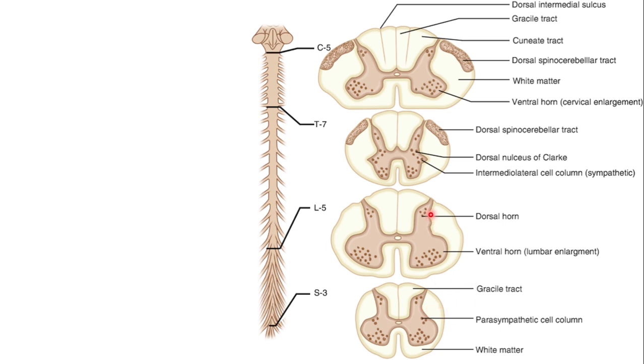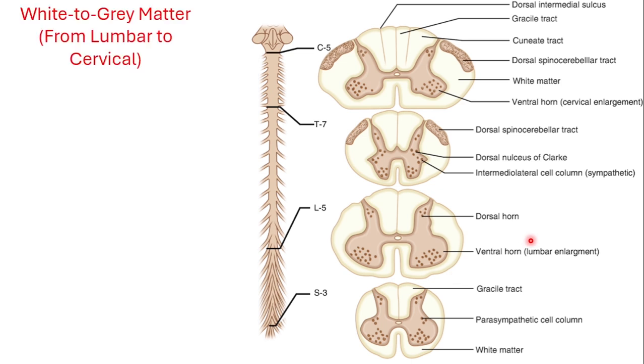So, forgetting about the extra details, we just want to differentiate between those segments via 4 factors. So the first factor is the white to gray matter from lumbar to cervical, meaning from the lumbar or even from the sacral. So from down up, we want to compare the ratio of the white matter here to the gray matter, okay?